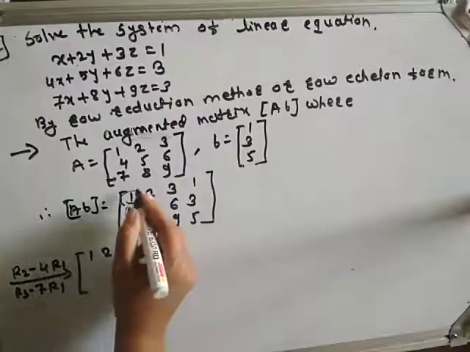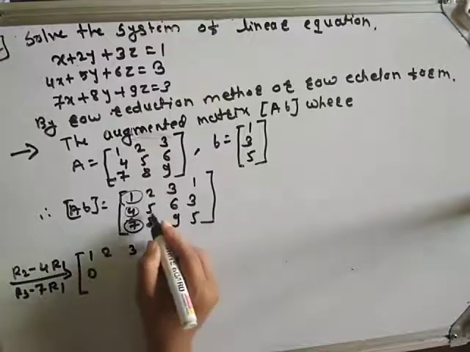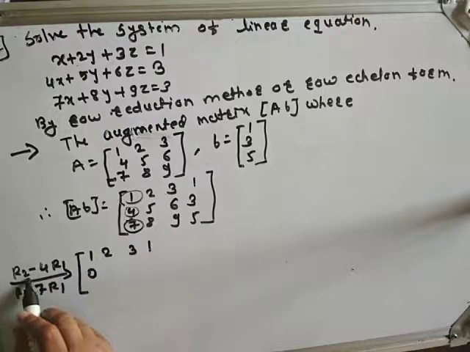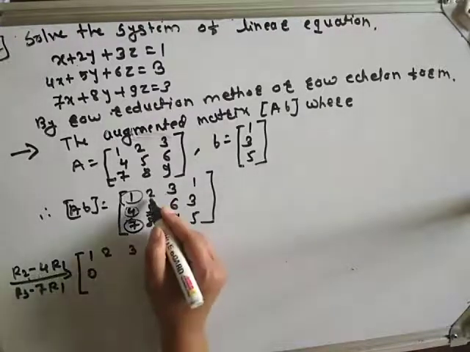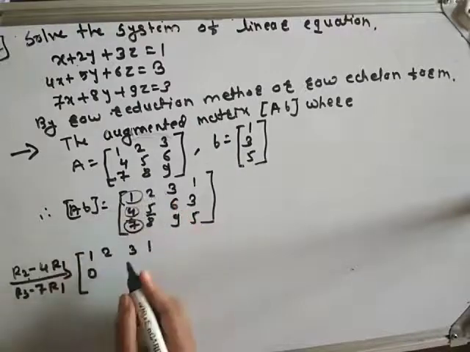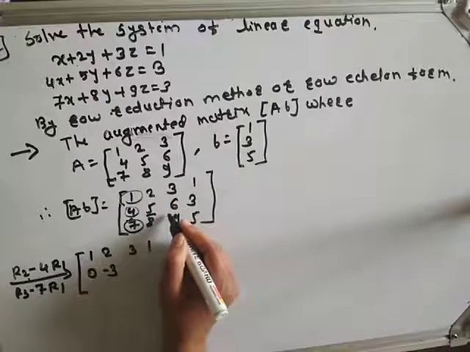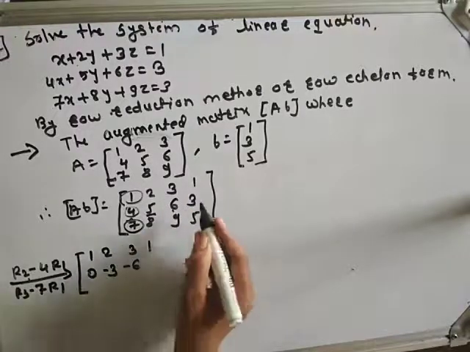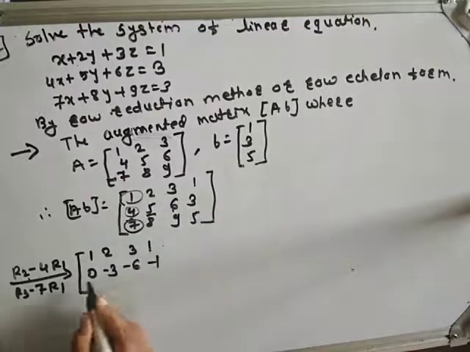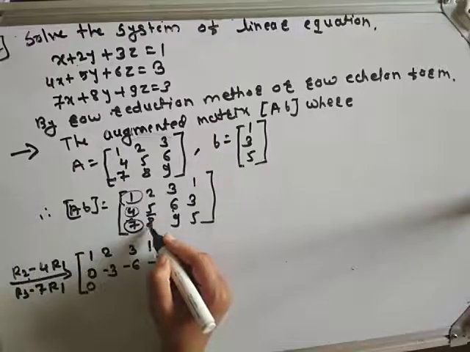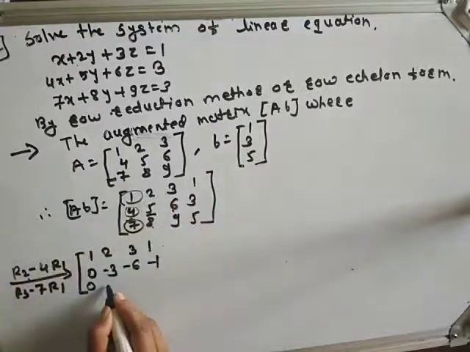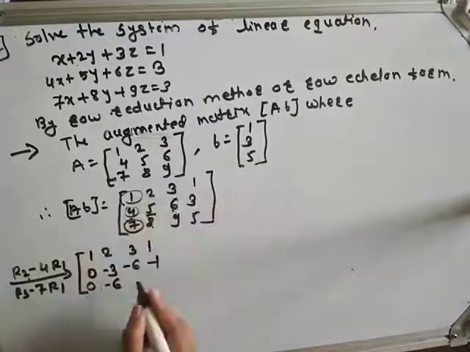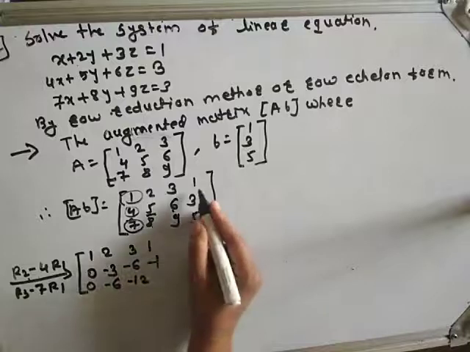Obviously, 4 minus 4 is 0. 5 minus 4 into 2, that is 8, gives minus 3. 6 minus 12 is minus 6. 3 minus 4 is minus 1. For R3: 7 minus 7 is 0, 8 minus 14 is minus 6, 9 minus 21 is minus 12.